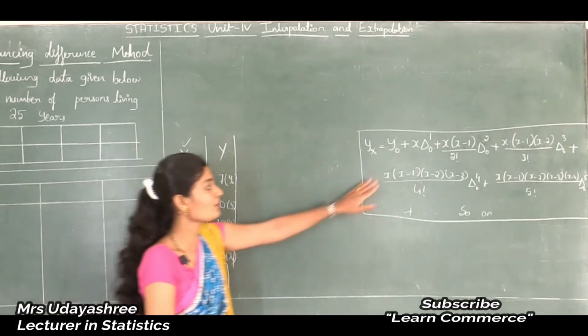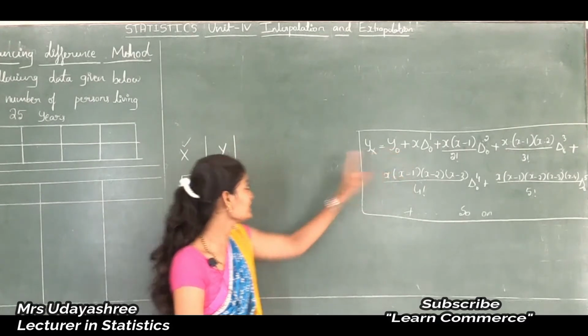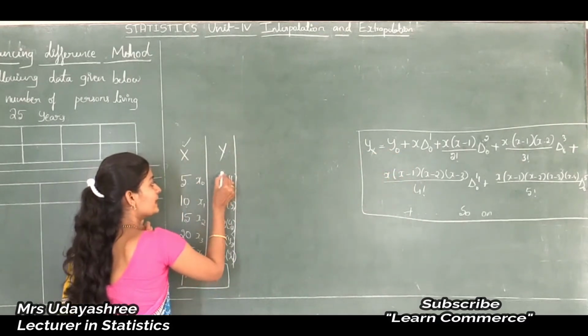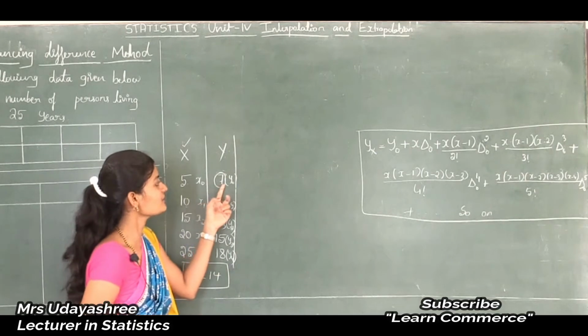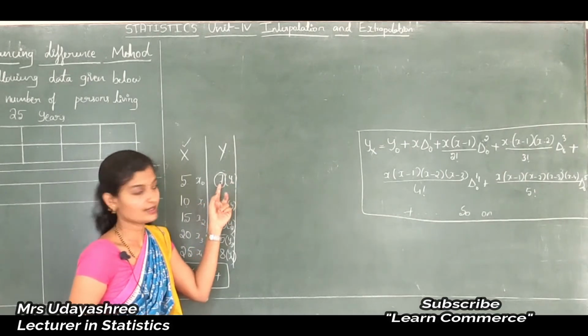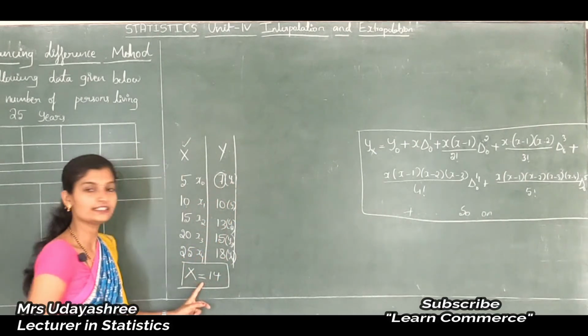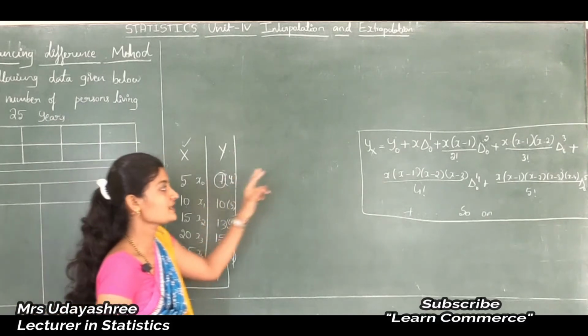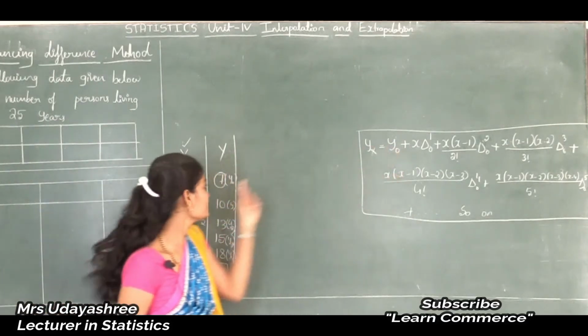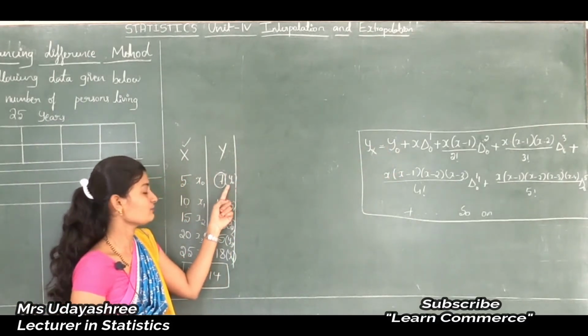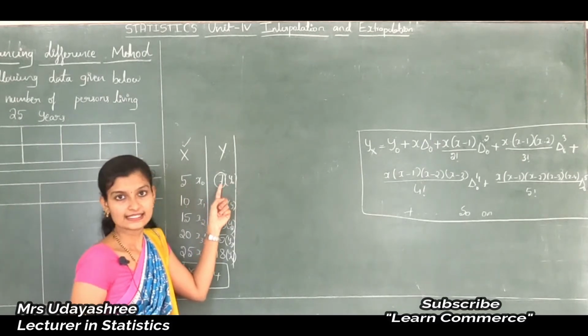So in the formula, y naught is the first value of the dependent variable. So here the first value, that is y naught value, is 7. So to find this interpolated value, we need to substitute 7 in the place of y naught, because the first value, y naught value, is 7 only.